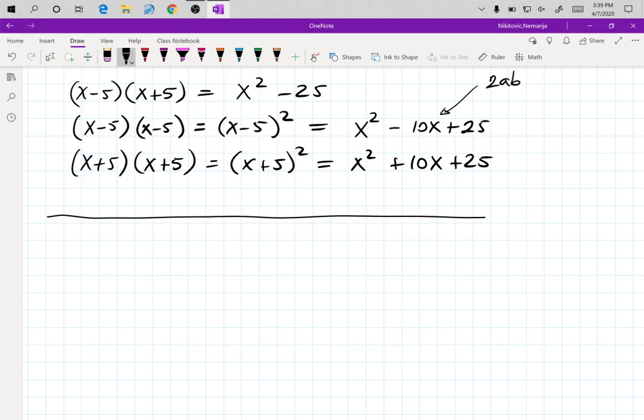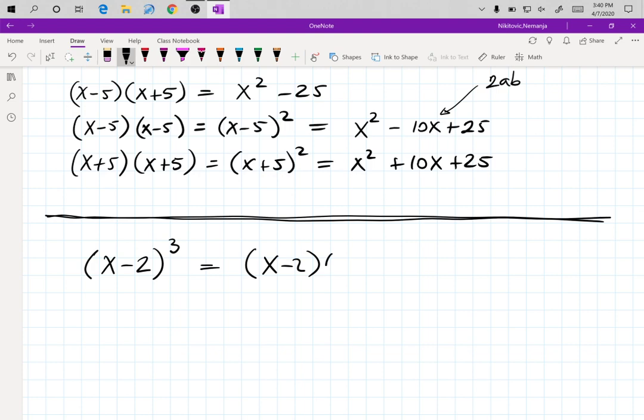So at the end of the lesson for today and end of chapter 5, what are we going to do if we have x minus 2 cubed? Now there is a formula that you could work with, but this one is the best if you write it out and then do the FOIL, right? So we write this as x minus 2, x minus 2, x minus 2.